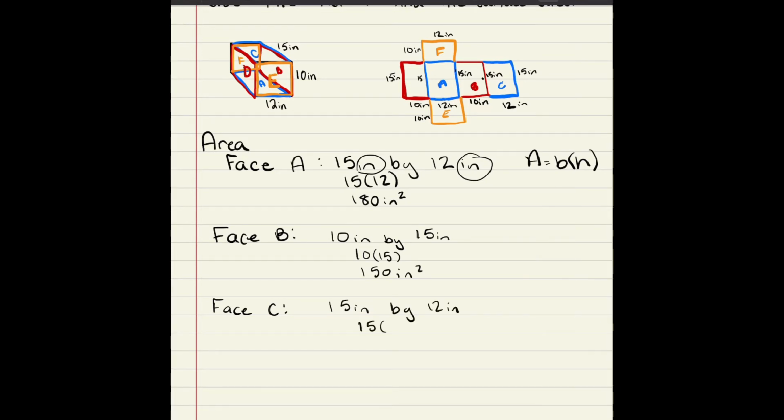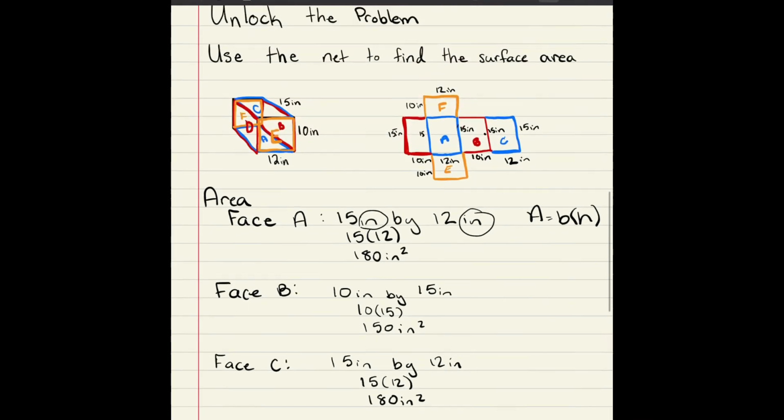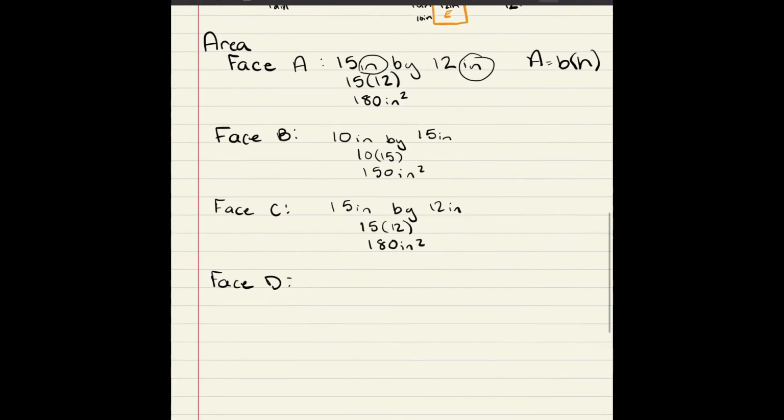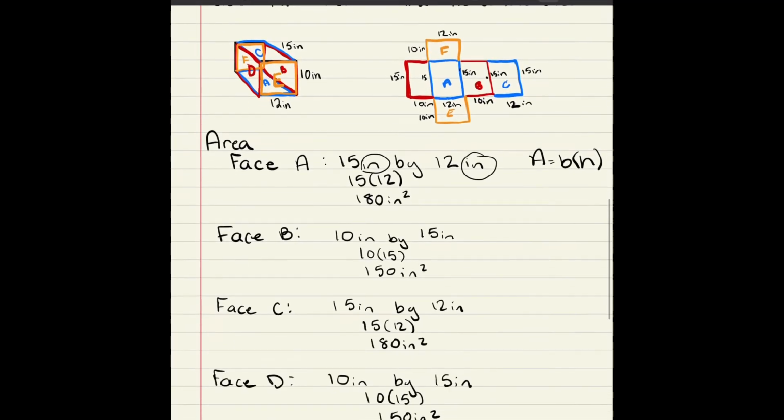So now I have 15 times 12, which I already did, so I know it's 180 inches squared. Next is face D, which is 15 inches by 10 inches. Which is 10 times 15, we did that already. It gives us 150 inches squared. Then I have face E.